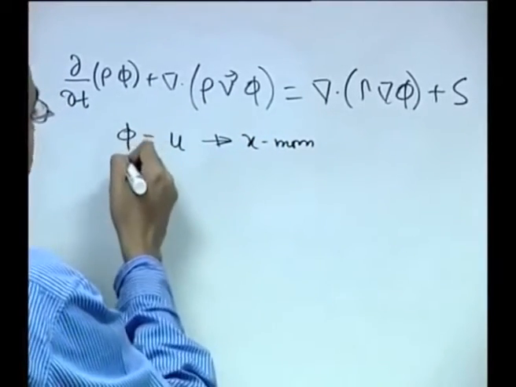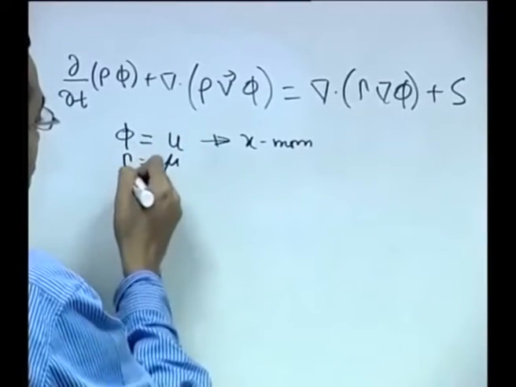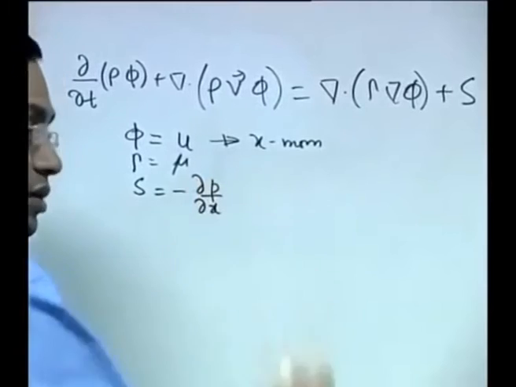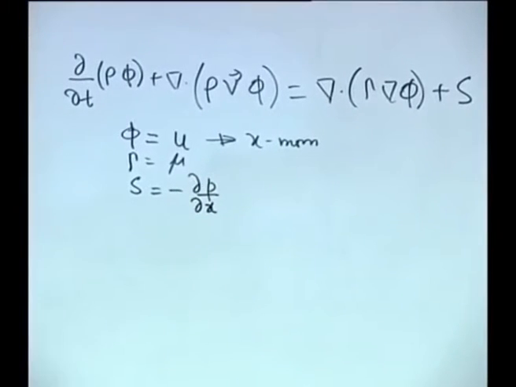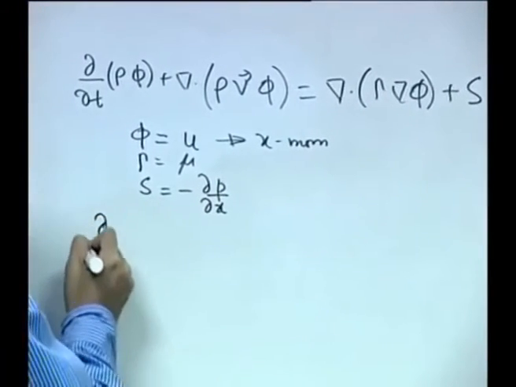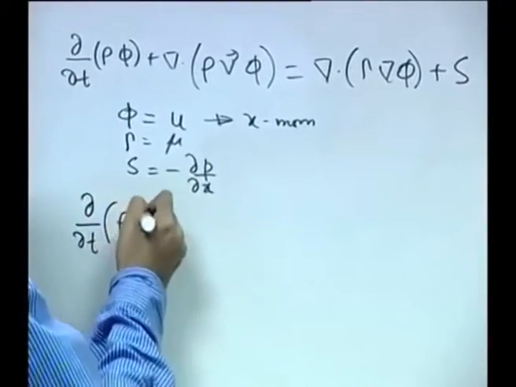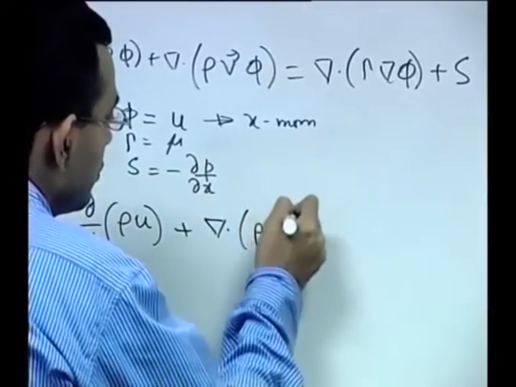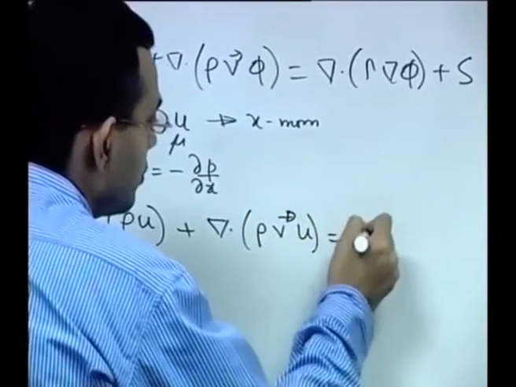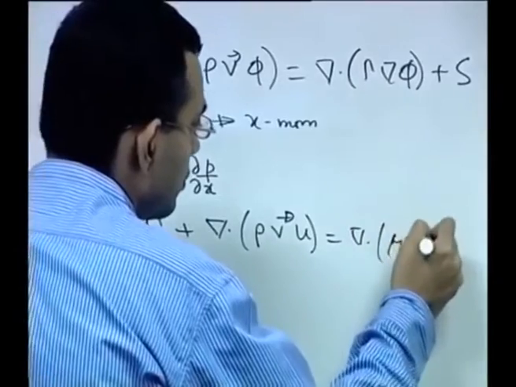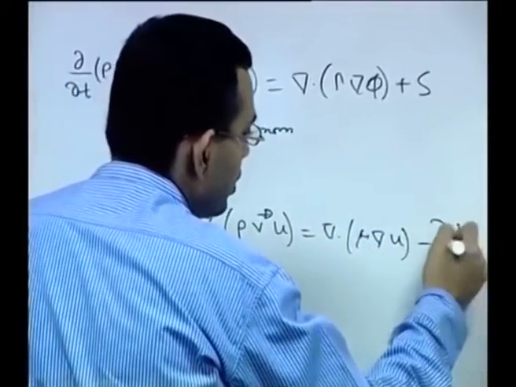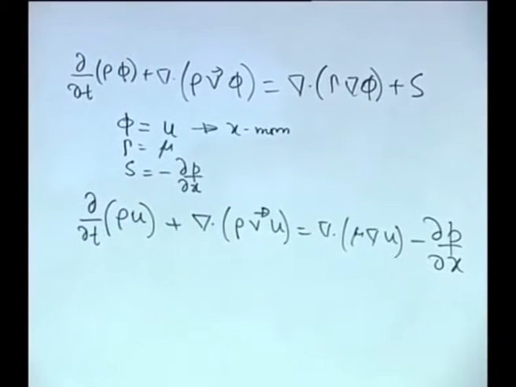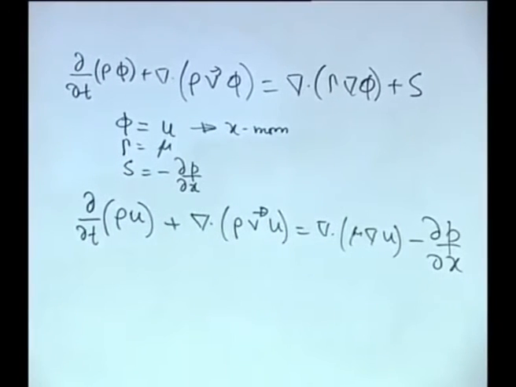Phi equal to u, gamma equal to mu, and s is negative of the pressure gradient along x. So, you have... there is no extra body force along x. So, this is the momentum equation.